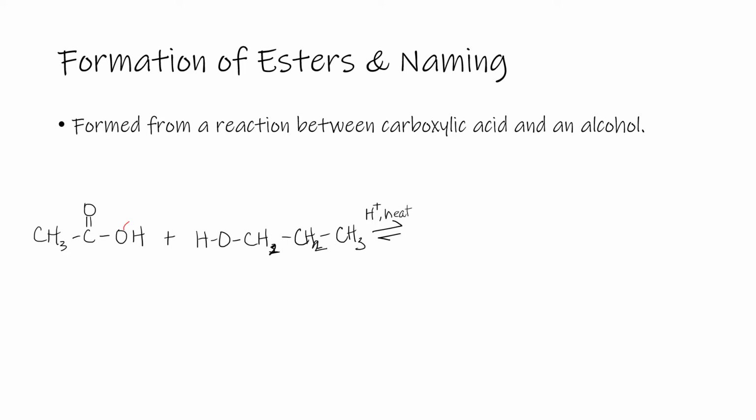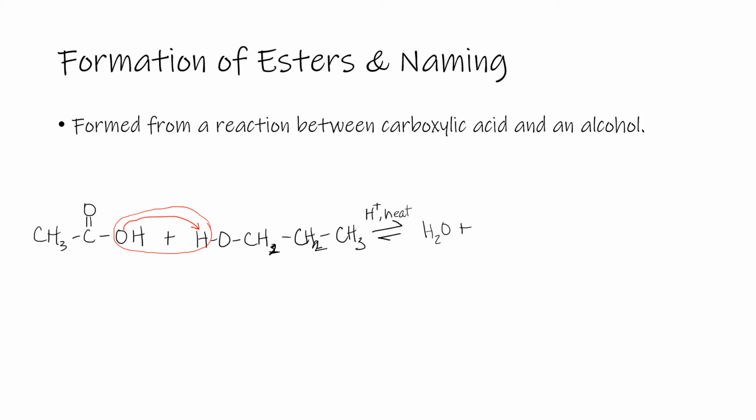So the hydroxyl group from our acid is going to come over here and bond to that hydrogen. And so that hydroxyl group and the hydrogen from our alcohol is going to form water. That's going to be one of our products over here, water.